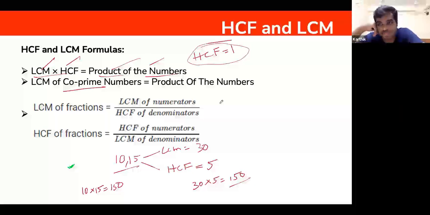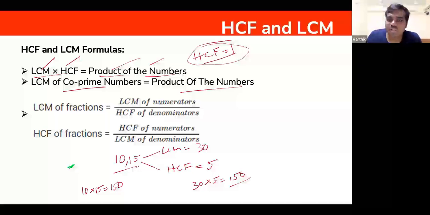Now 3 and 5, what is the LCM of 3 and 5? It will be 15, right? So it is product of the numbers. But coprimes are those numbers which have the highest common factor as 1. Keep that in mind. If at all some question comes where they ask you coprimes, you can use this. Understood?